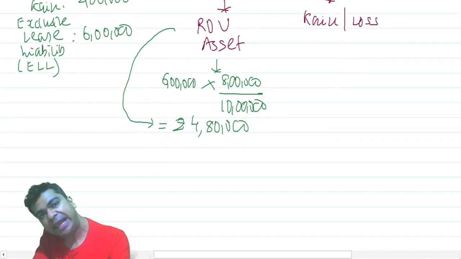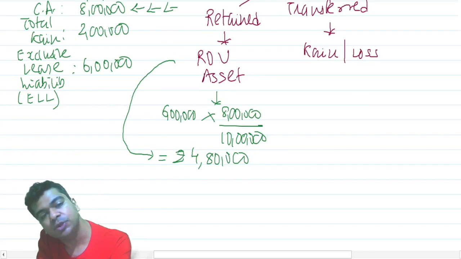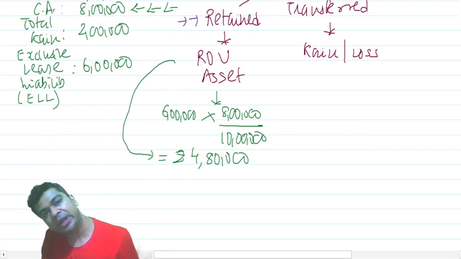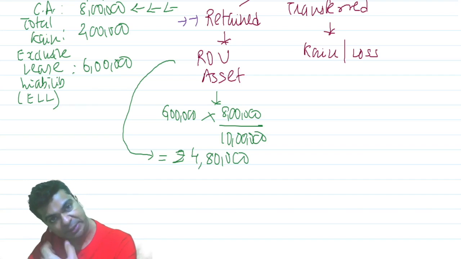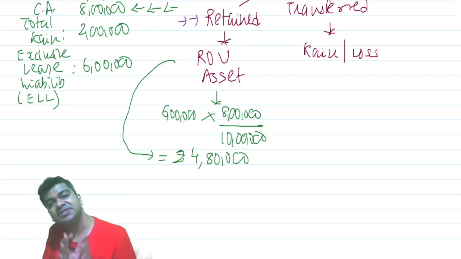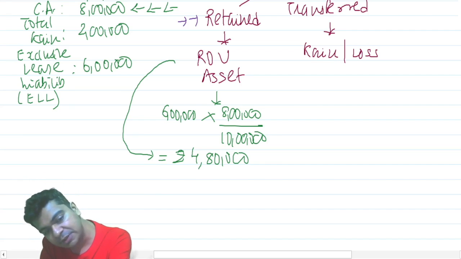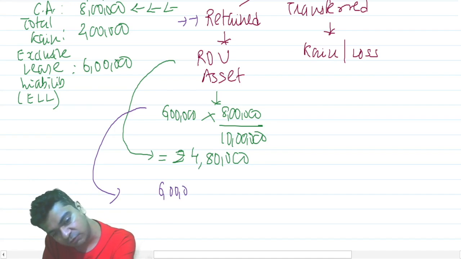Now what about the gain or the loss? Remember, to the extent you are retaining the asset, you cannot show gain or loss. I can show gain or loss to the extent of the asset that has been transferred. So whatever asset is retained, to that extent, I cannot show any gain. So I argue in this way: let me take 6 lakhs of rupees.